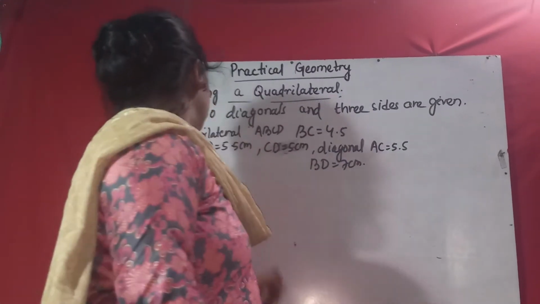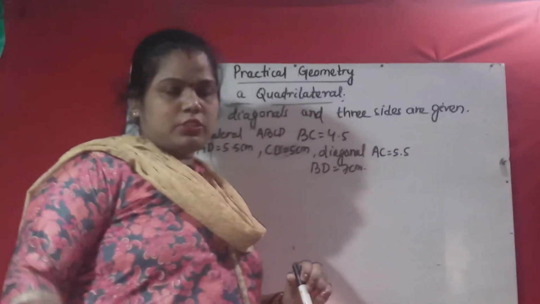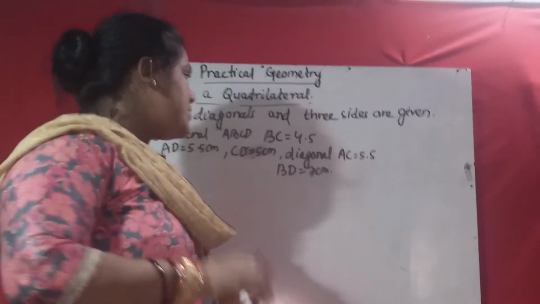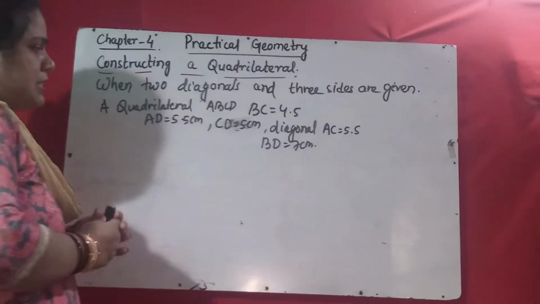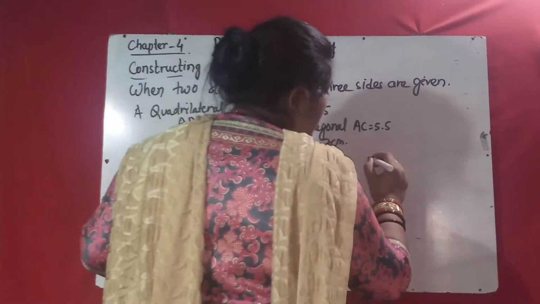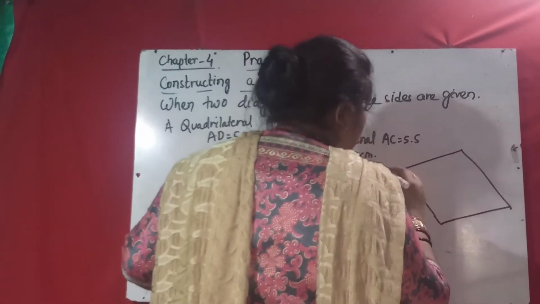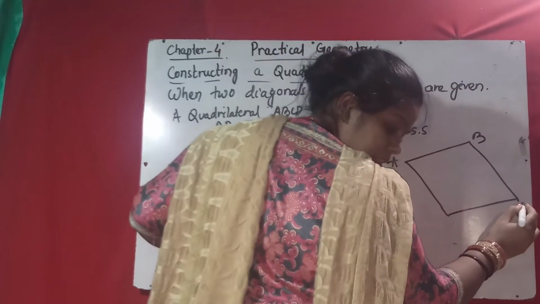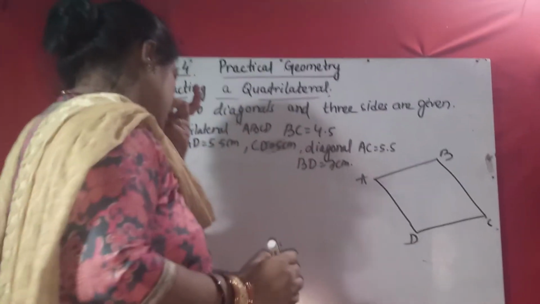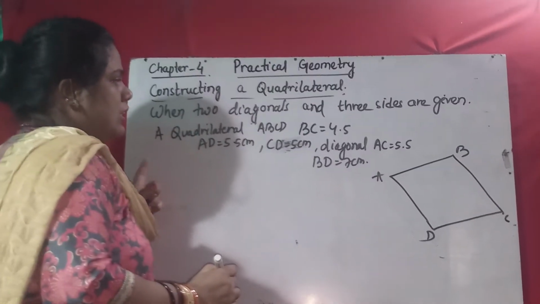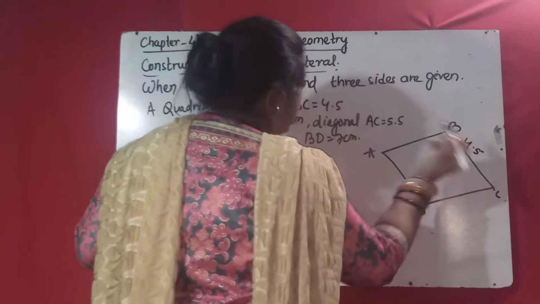Now the second condition, when two diagonals and three sides are given. The question is to draw quadrilateral ABCD. You draw a rough diagram of ABCD. First, BC is given as 4.5 cm.